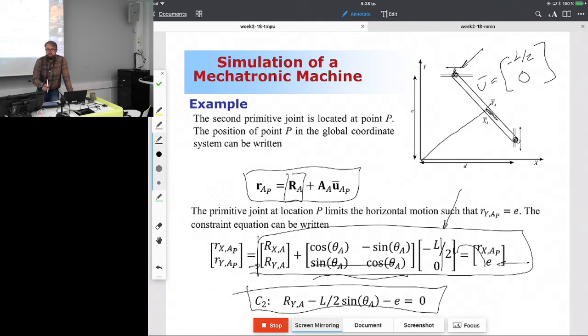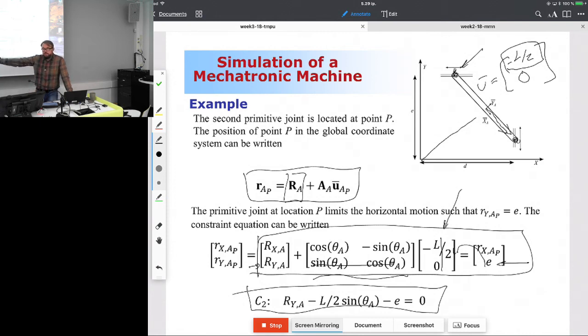Make sense? Yes, sir. Okay, so this one was the problem. Negative. That's because, if you take a close look at the coordinate axis, my x-axis positive direction is pointing this direction.